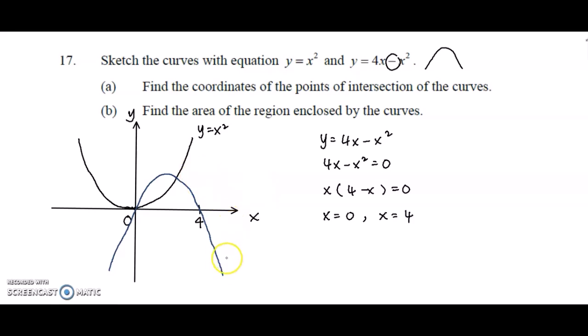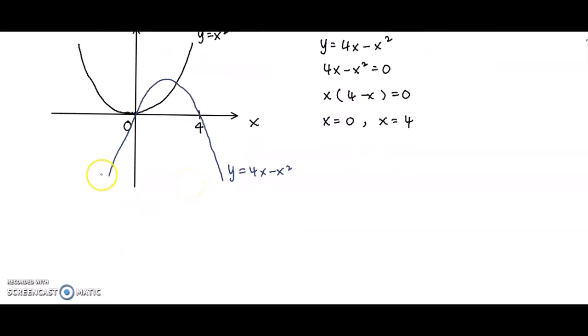Alright, so this is my y equals 4x minus x squared, and the black curve is y equals x squared. Now we want to get the intersection points. For question A, we need to get the intersection points. Obviously, the first intersection point is 0, 0. To get the other intersection point, again, I will solve the simultaneous equations by equating the first equation and the second equation.